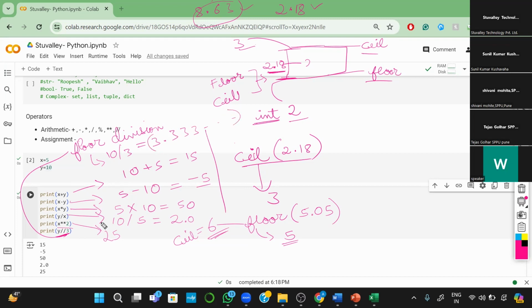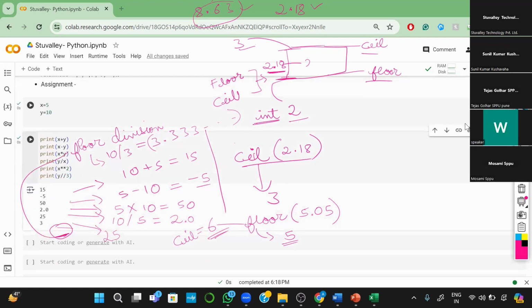So now, can you tell me the output of this, guys? y floor divided by 3. What is the output? 3, everyone? Yeah, everyone agreed with this? You can see the output.